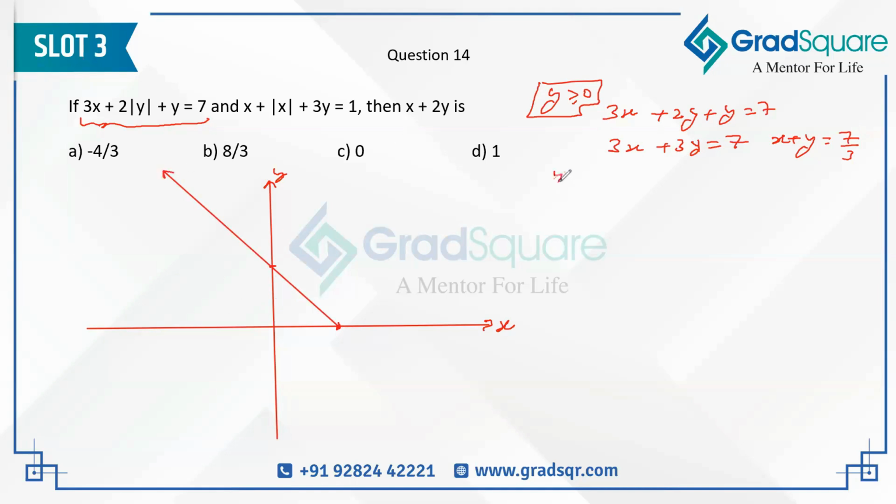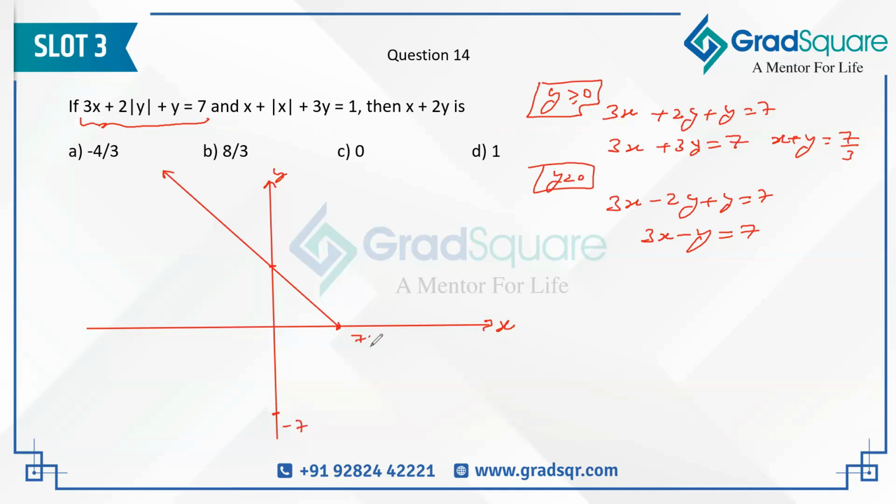Now, when y is less than 0, then what happens? If y is less than 0, then you will be left with 3x - 2y + y = 7. This comes down to 3x - y = 7. Put x as 0, y will turn out to be -7. Suppose it is over here, so I'm putting this as -7.